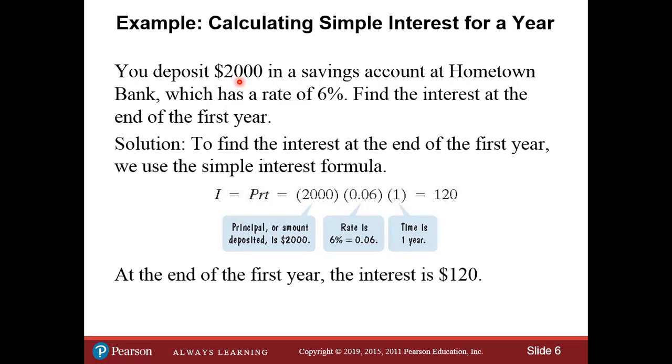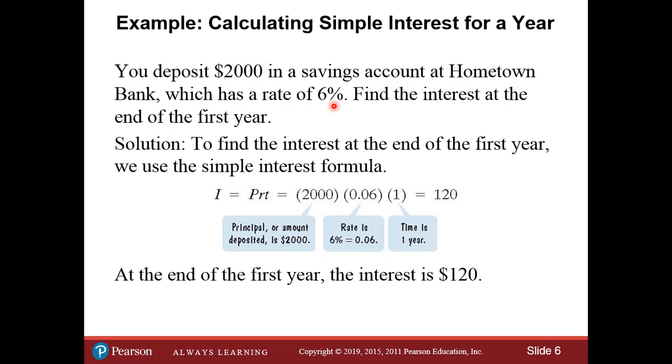So let's look at this example here. You deposit $2,000 into a savings account at Hometown Bank, which has a rate of 6%, which is phenomenal. Find the interest at the end of the first year. So the first year, the interest is going to be what? 6% of the $2,000 that you deposited.